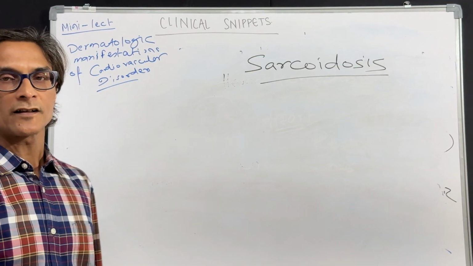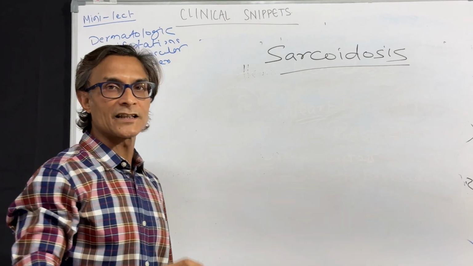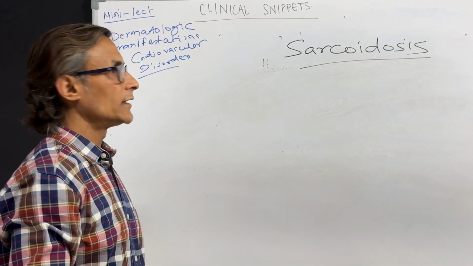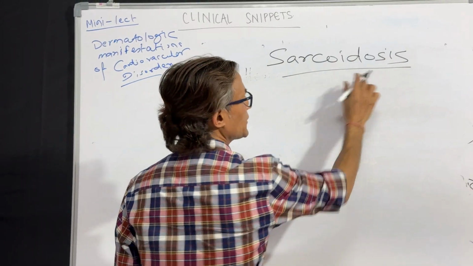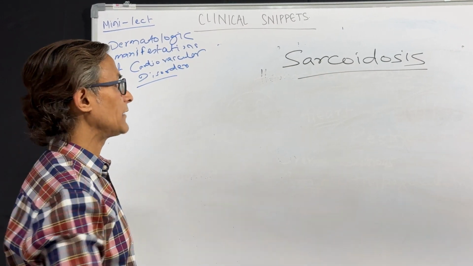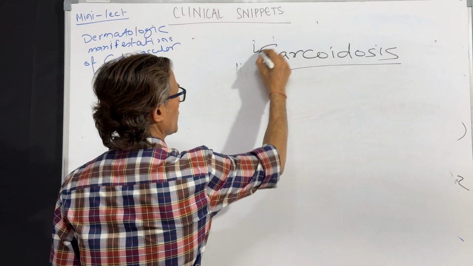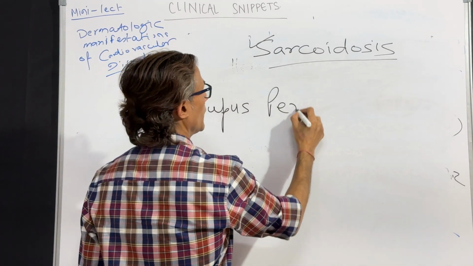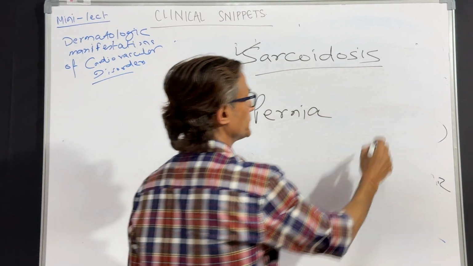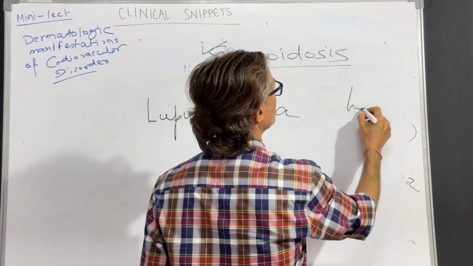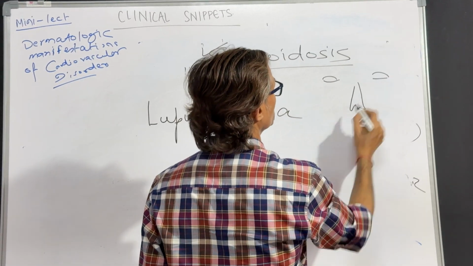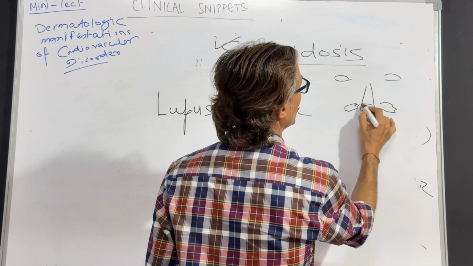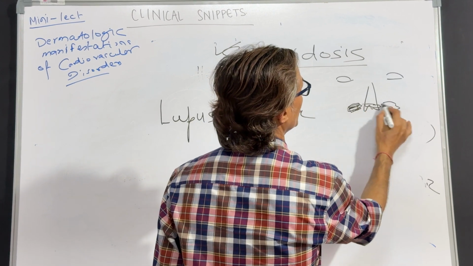Again, a granulomatous disorder, sarcoidosis. Non-caseous granulomas, multi-system involvement. Usually affects young persons, usually females. An immunologically mediated, granulomatous condition. What are the dermatological manifestations and serious manifestations? The dermatological manifestations of sarcoidosis: first, lupus pernio, especially in the cheeks and the nose.